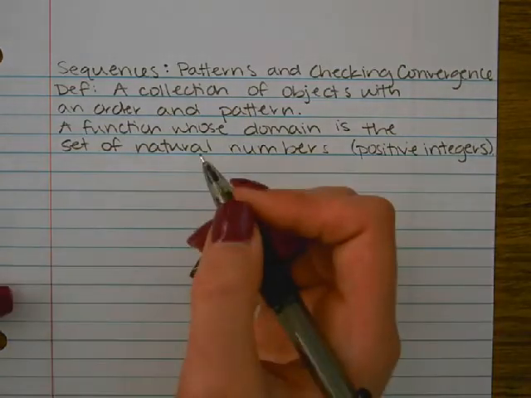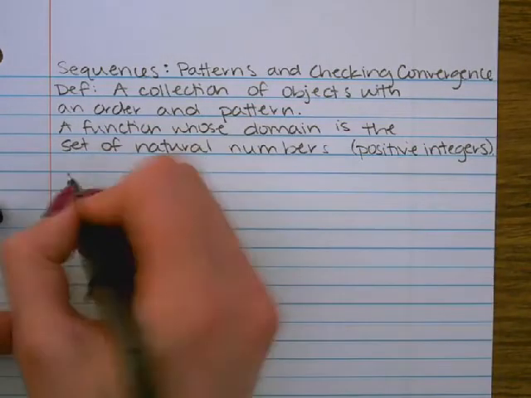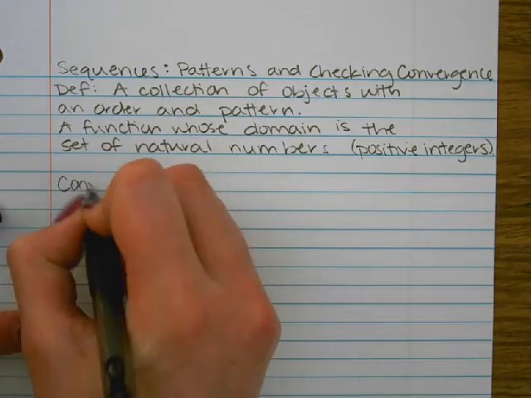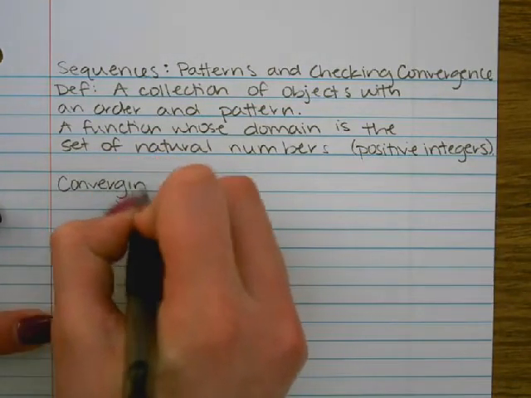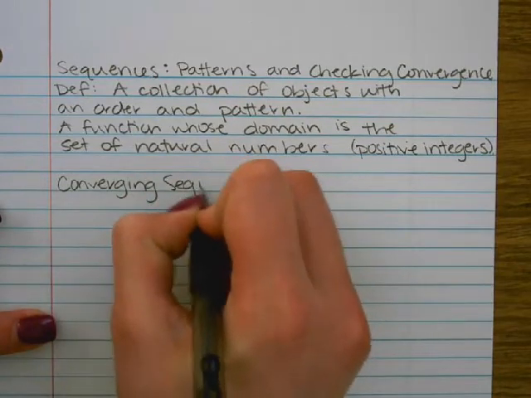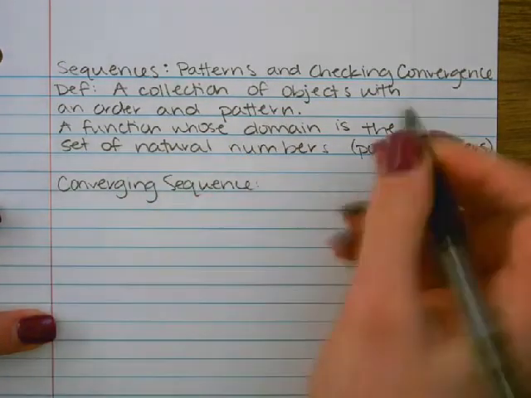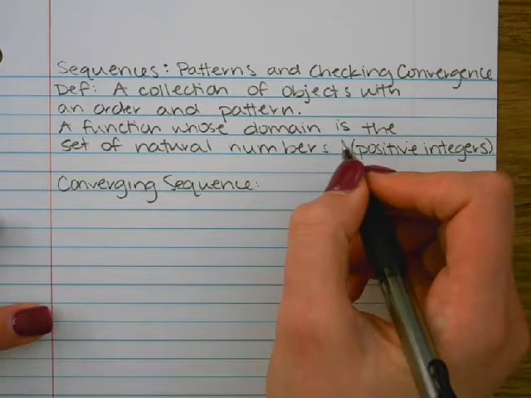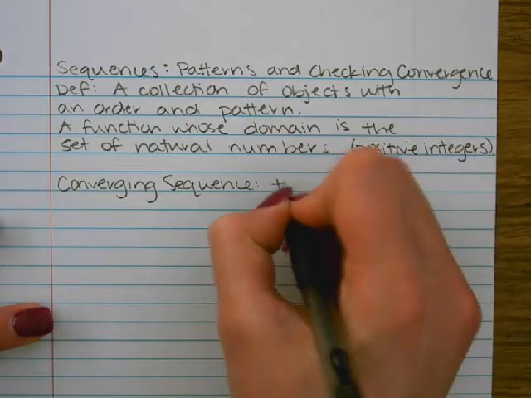So we're going to look at two types of sequences. One is a converging sequence, and that is when the sequence of terms are going to a specific value.